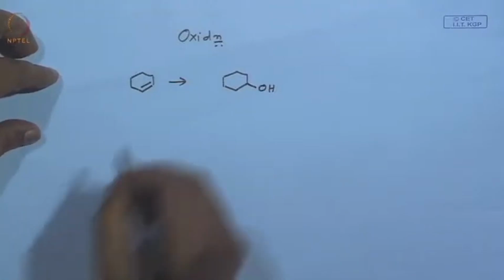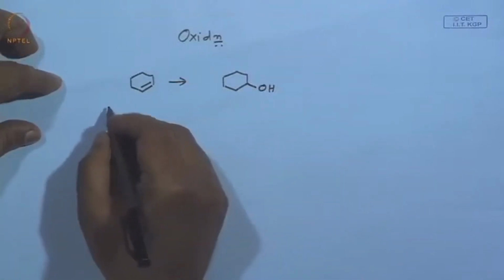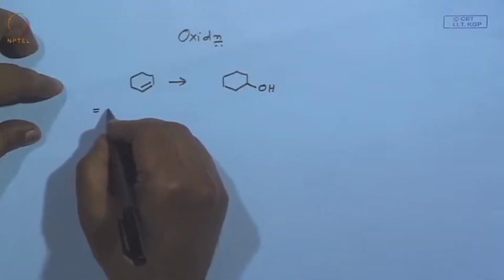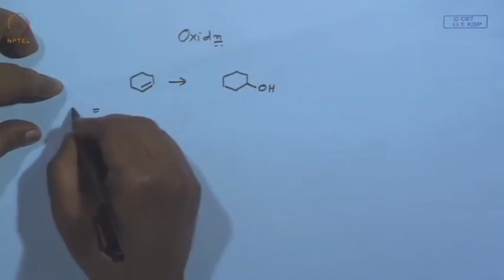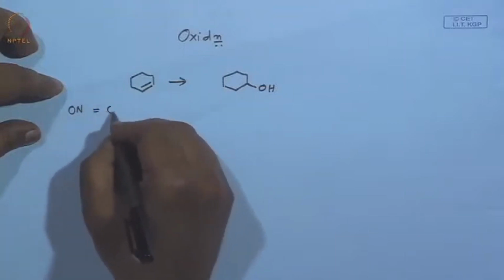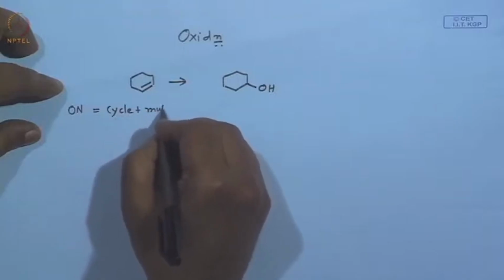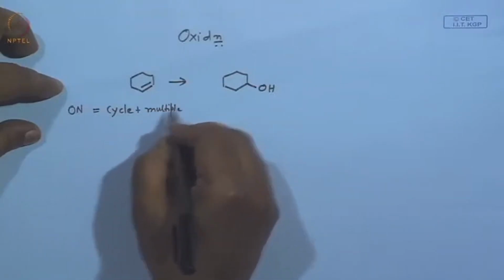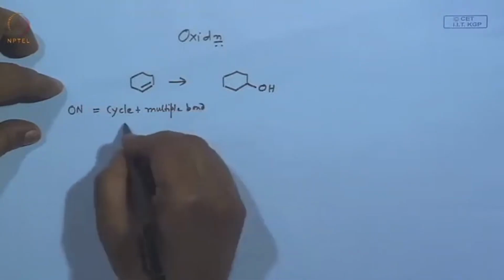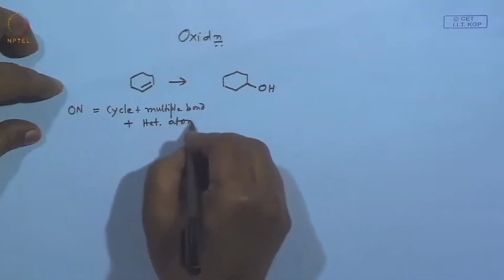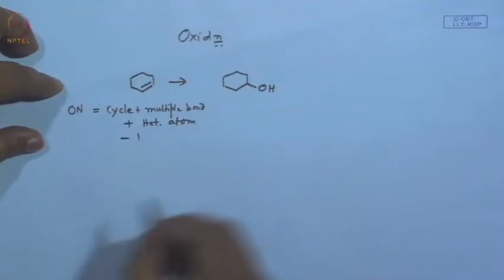You recall that the oxidation number given to a compound is determined by the number of cycles, number of multiple bonds, and number of heteroatoms, and then minus 1.